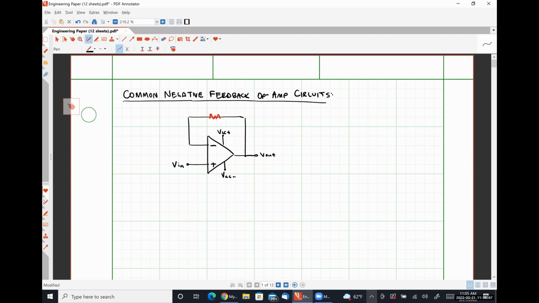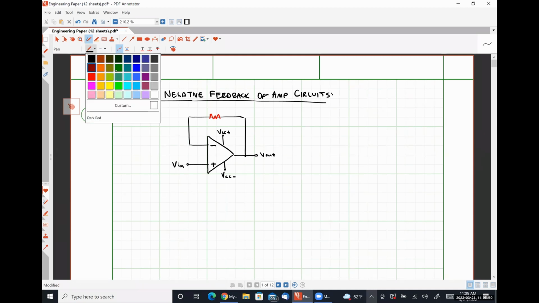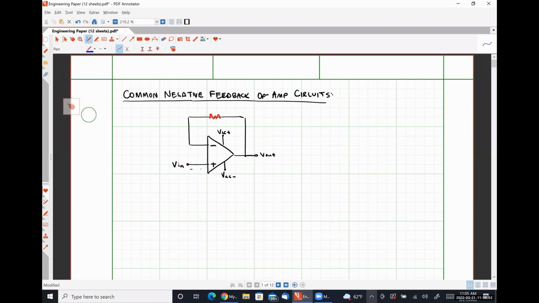So in this case, we know that this current is 0 amps. And this current is 0 amps, since no current can flow into or out of our op-amp's input terminals. From that, the voltage present at our non-inverting input terminal must simply be Vin, right?